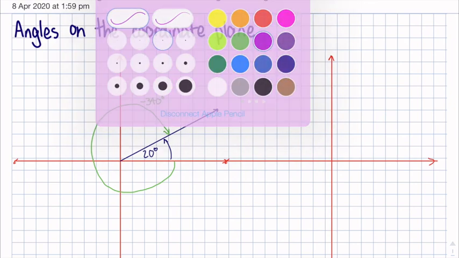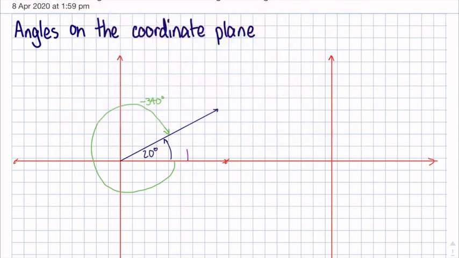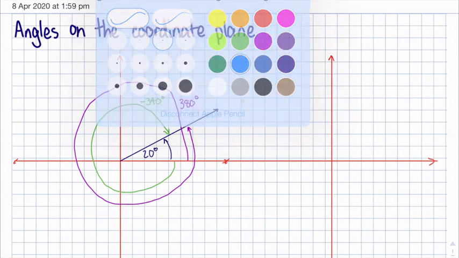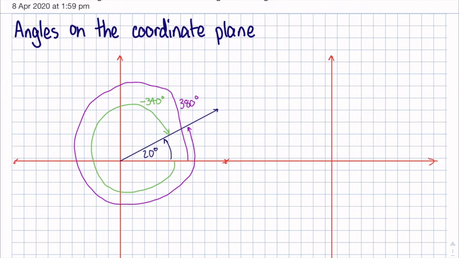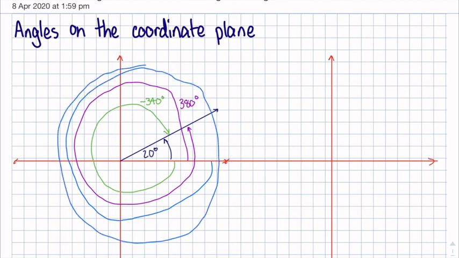Or, instead of going up 20 degrees and stopping, I could have kept going and gone all the way around this way, which would make it 20 plus 360, which is 380 degrees. Or, instead of going up 20 degrees, I could have gone down 20 degrees. And instead of stopping, I could have kept going, and I could have gotten it that way.